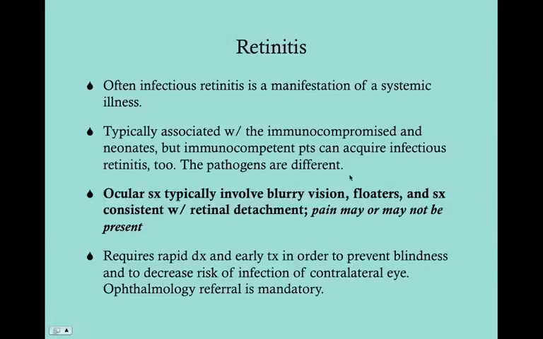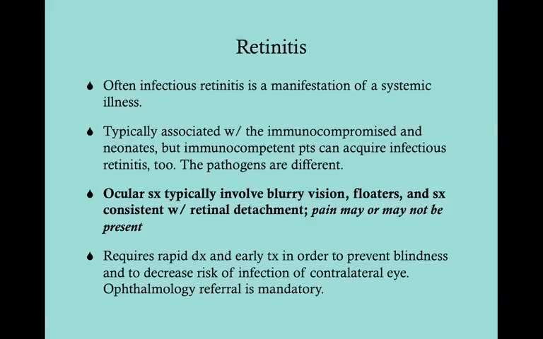So blurry vision and floaters are practically universally associated with retinitis. Pain may or may not be present. Generally, when there's pain, it's due to infection of other ocular structures, but it does not have to be present in retinitis.